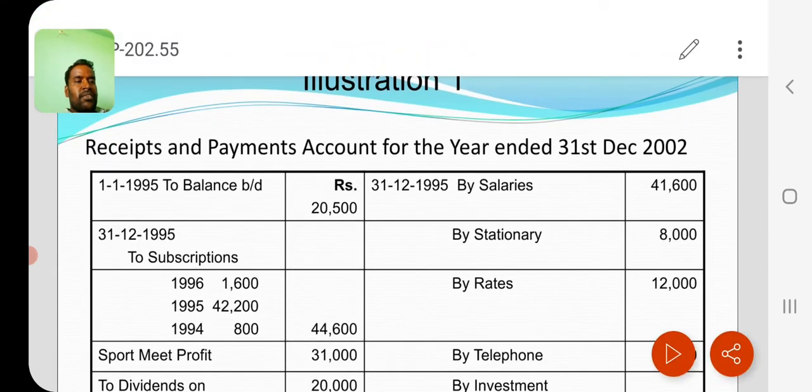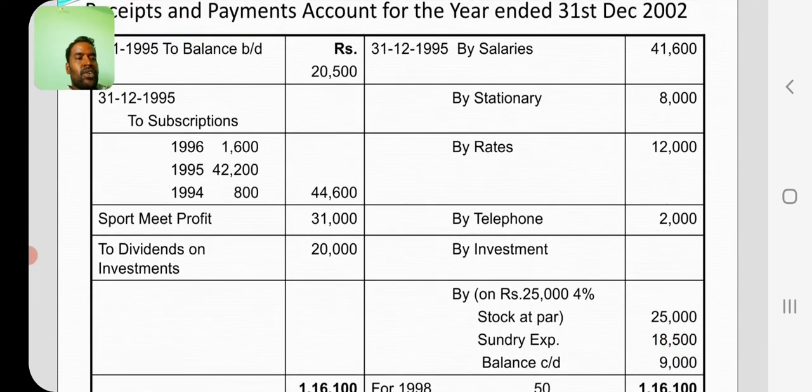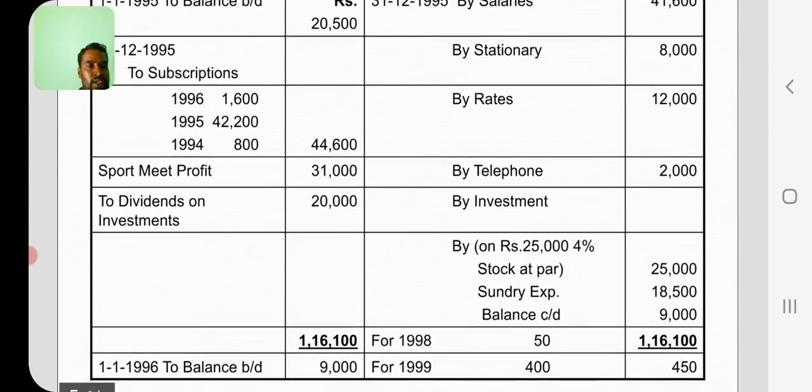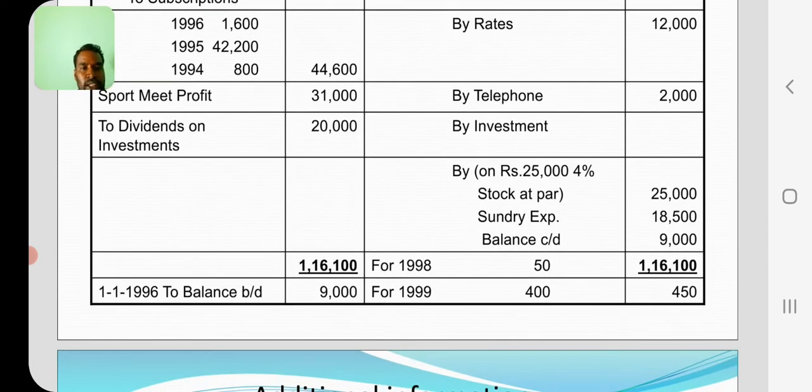By salaries 41,800. By stationery 8,000. By rates 12,000. By telephone 2,000. By investments on 25,000 4% stock at par, sundry expenses, balance carried down. So 25,000, 18,500, 9,000 like that.